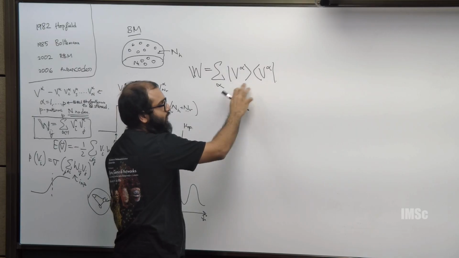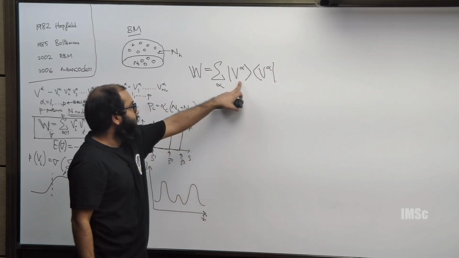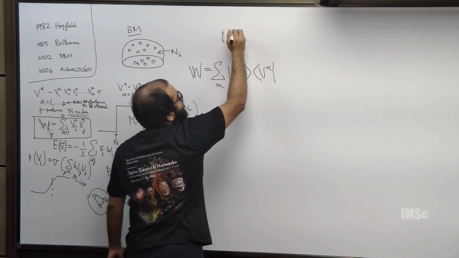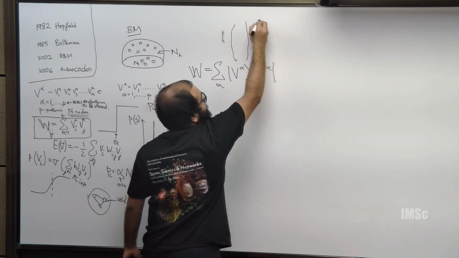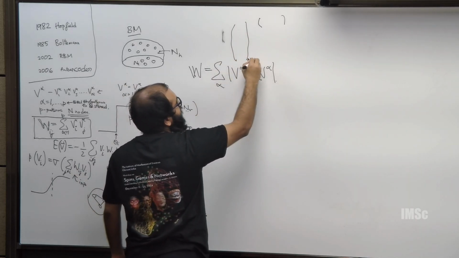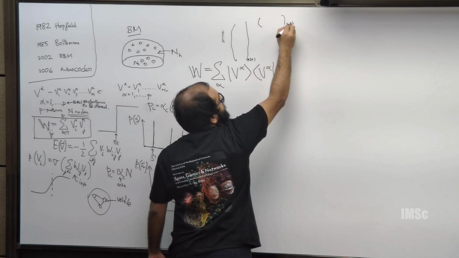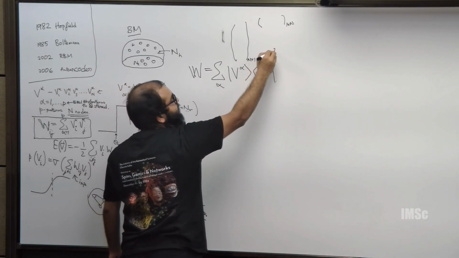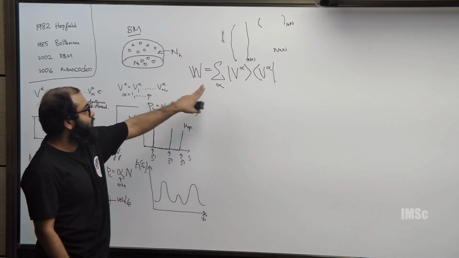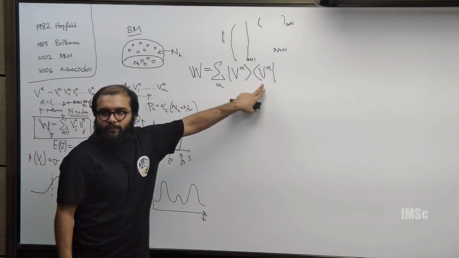People who are not aware of Ket-Bra notation, this is essentially a column vector, and this is a row vector, right? So if you multiply it, this is N by 1, this is 1 by N. So your W becomes of size N by N, right? Now realize, yeah, is that fine?